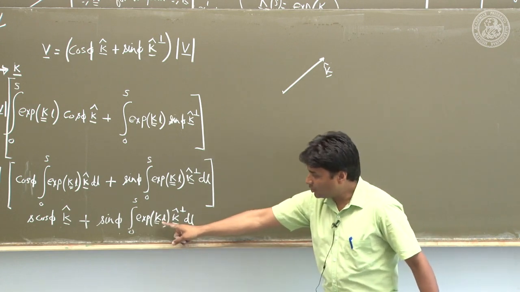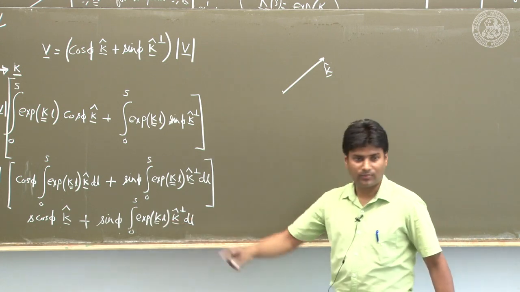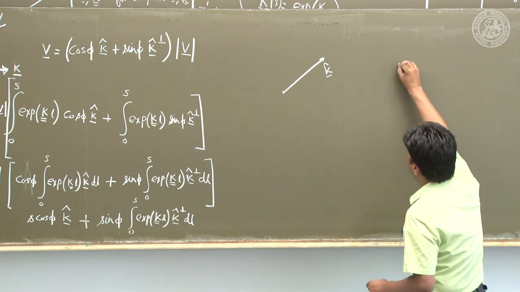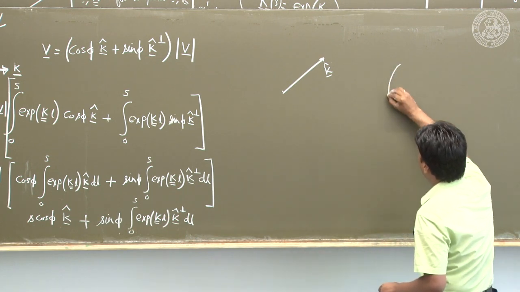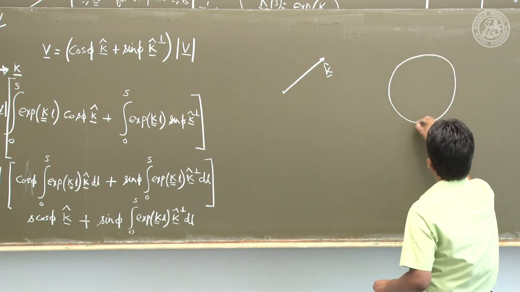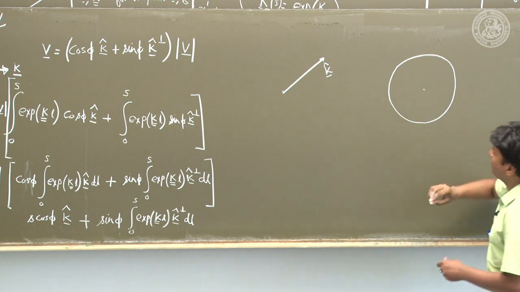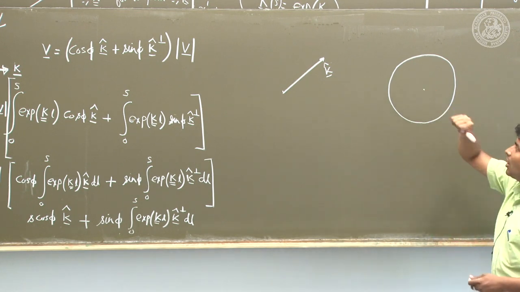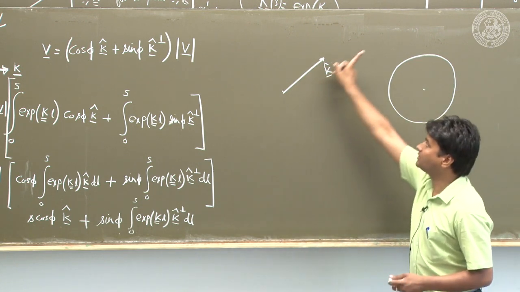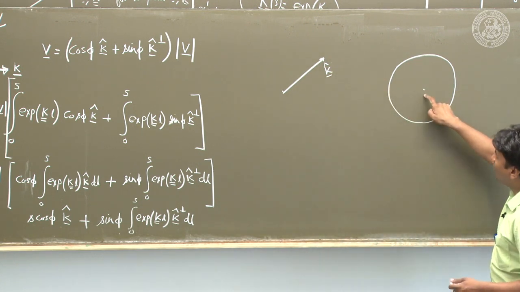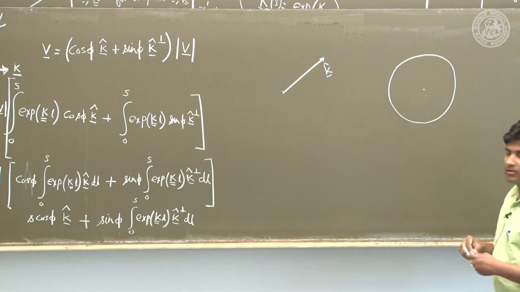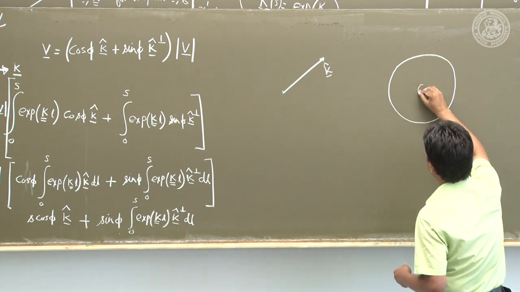Exponential of K L times K hat perp. So, suppose now I am giving you a different view. Suppose your K hat is coming outside. Okay, over here K hat is in this direction, but now think that K hat is coming outside. Okay, so that's your K hat.